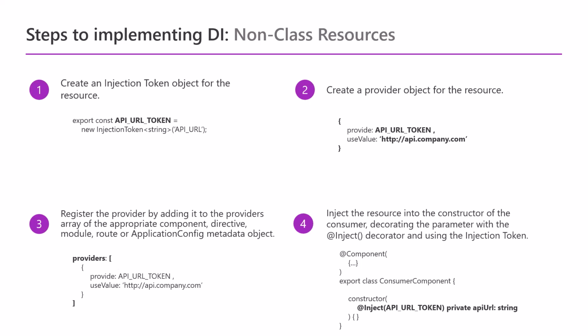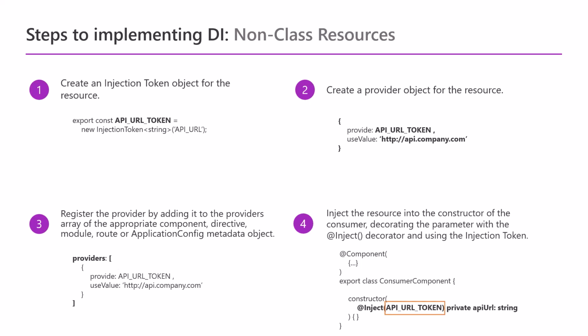And that is, we have to decorate the parameter of the resource, the name of the resource. We have to decorate that with the inject decorator. And we provide as a parameter to the inject decorator the injection token that we created in step 1.